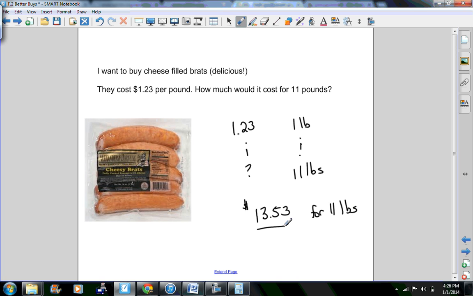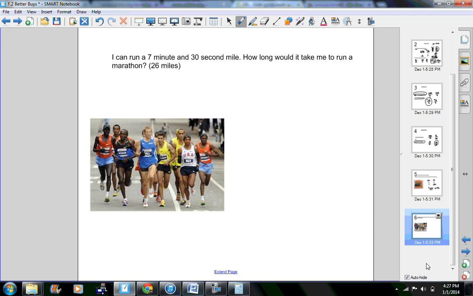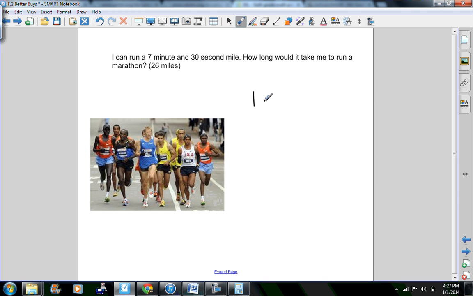Okay? So now, I think there's one left here. I can run a 7-minute and 30-second mile. How long would it take me to run a marathon, which is 26 miles? So I can run 1 mile in 7 minutes and 30 seconds.